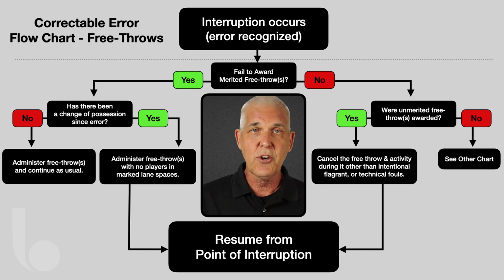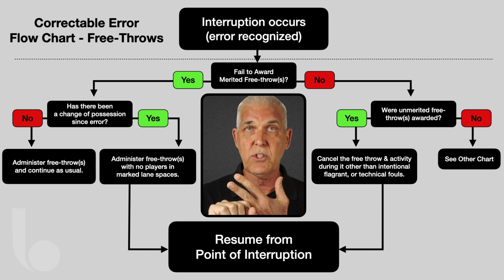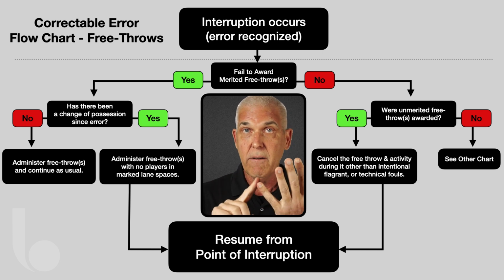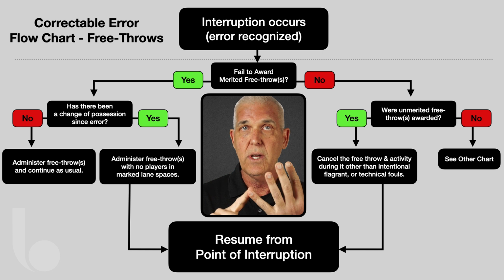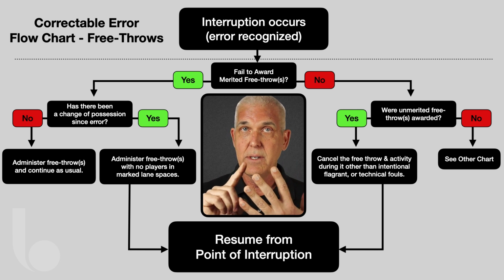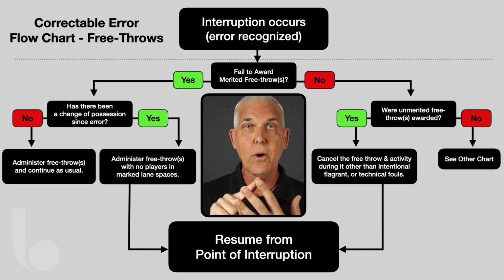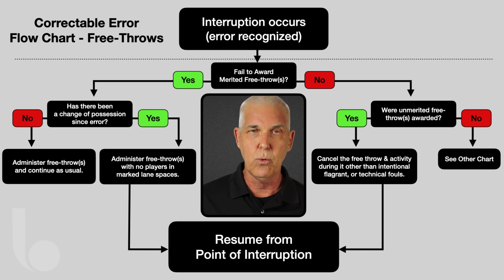So our initial determination is, okay, what kind of correctable error situation is it? Did we fail to award merited free throws? Did we award unmerited free throws? Did the wrong player attempt the free throw attempts, or did the player attempt at the wrong basket? All of these are correctable by rule.